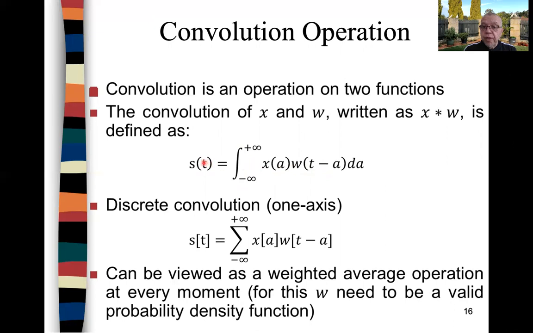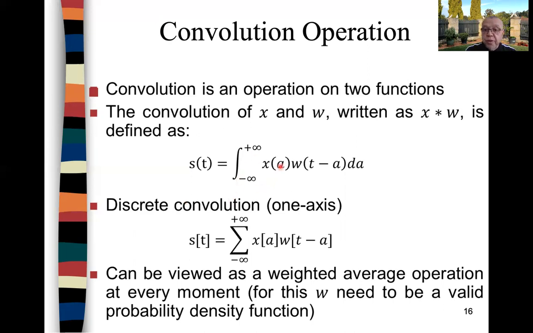That was for time t1, and then you go to time t2, time t3, and so on. So this would be the result at a certain time t. You take your input signal at that point, you take the kernel, you flip it, and then you perform the operation. We're going to see more about that.